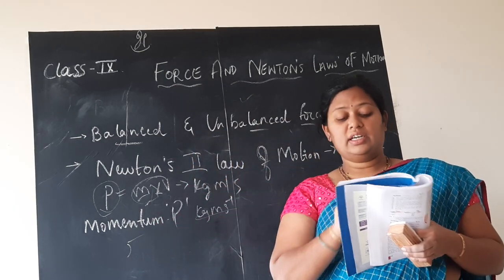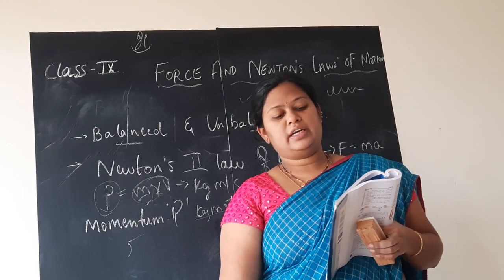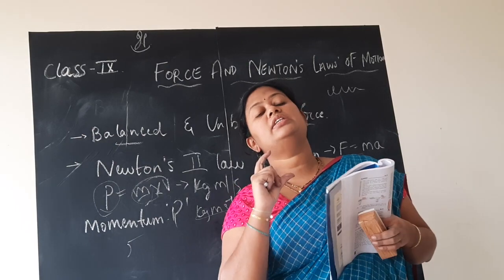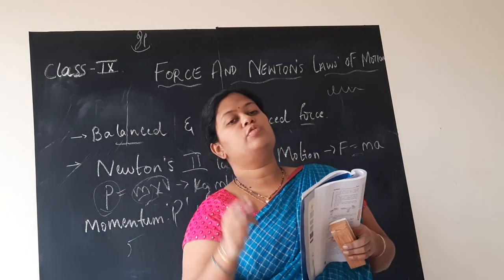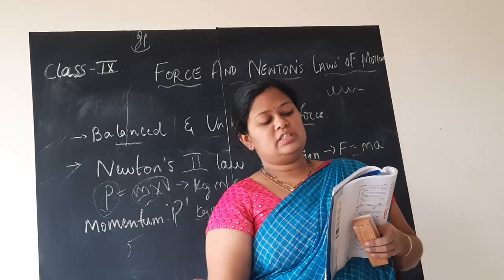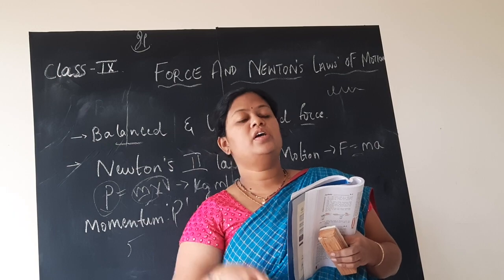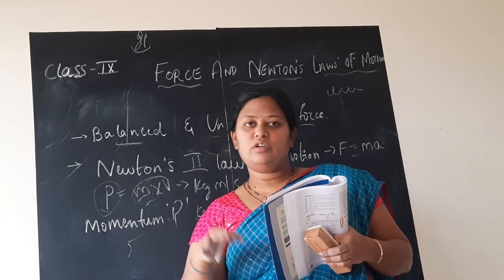Now they have given here on page number 119, before the mathematical formulation of the second law, children, you have one paragraph, that is the statement of Newton's second law of motion. Please do mark it. It is stated as: the second law of motion states that the rate of change of momentum, now you know what is momentum. Rate of change of momentum also you know.